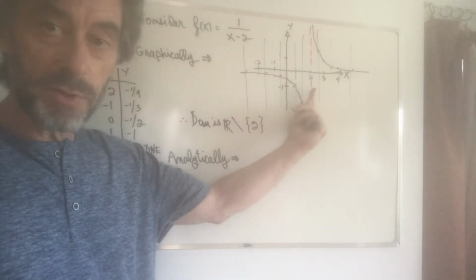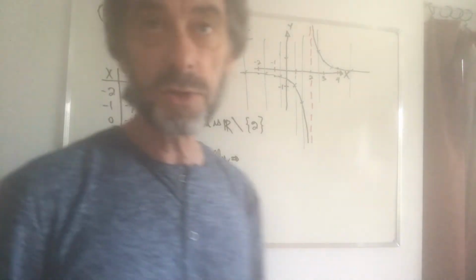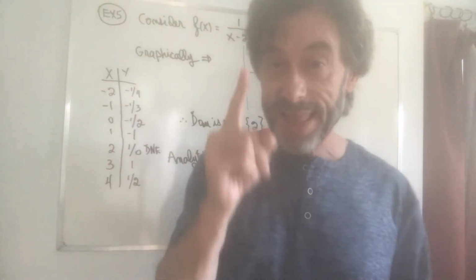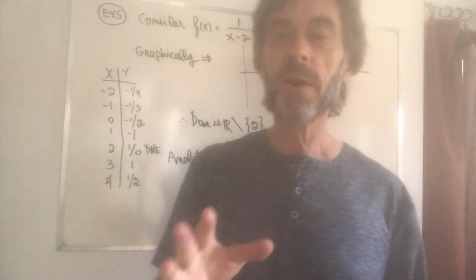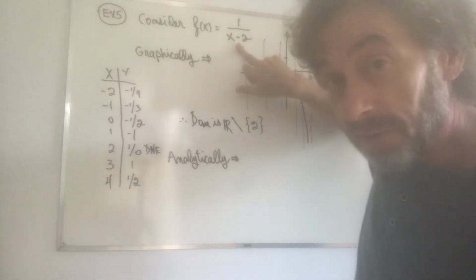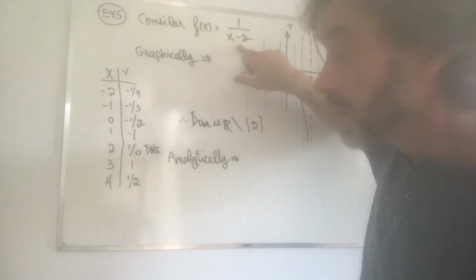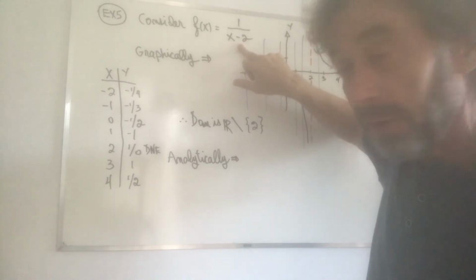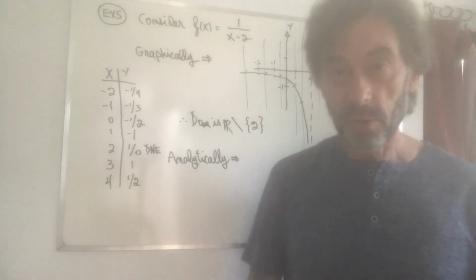There's a vertical asymptote. Now, where does that vertical asymptote happen? It happens when x is 2. And that value, I know many of you have noticed that already, that value 2 is exactly the value that made this denominator equal to 0. Yes? If I plug in 2 minus 2 in the denominator, we've seen we're going to get 1 over 0.